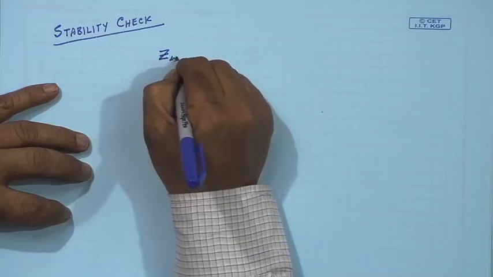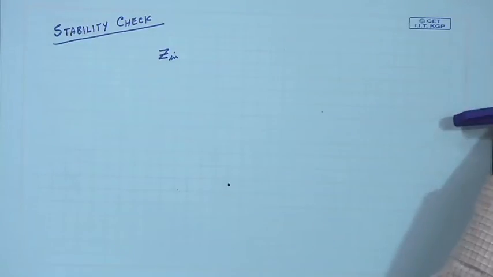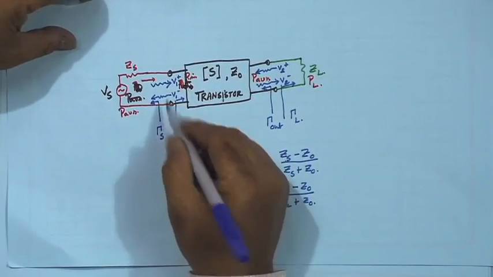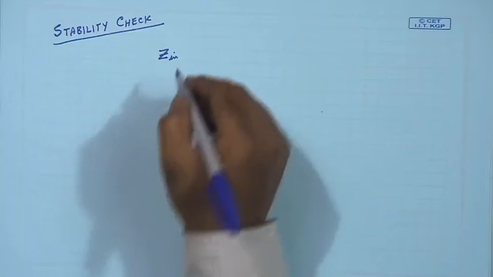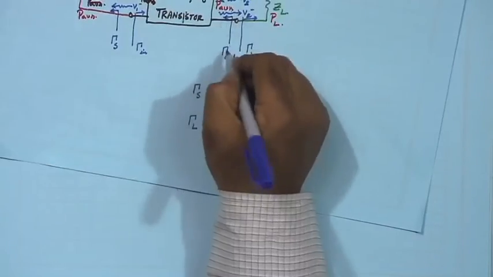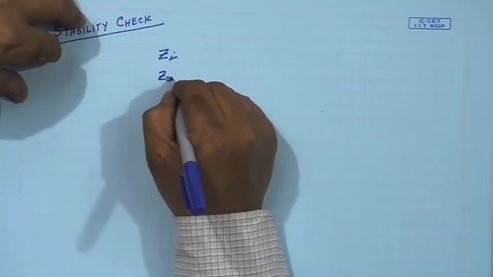Basically the Zin, if we see this, this input impedance Zin, and also from this side I have output impedance Zout.